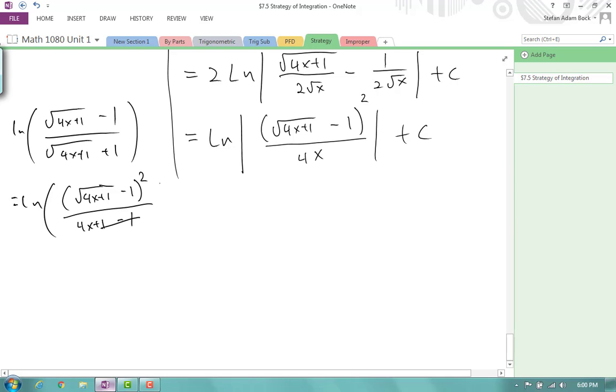And those cancel. And you can see these now match. I should have been using vertical bars. So sometimes you can get really different looking answers when you finish these problems, but with maybe a lot of work, they end up looking exactly the same.